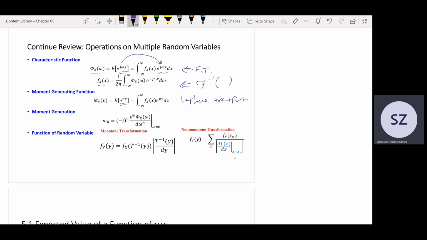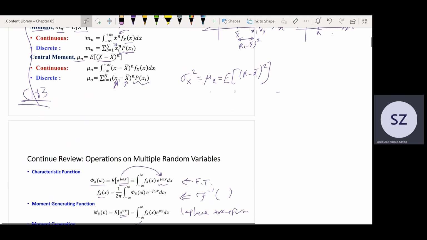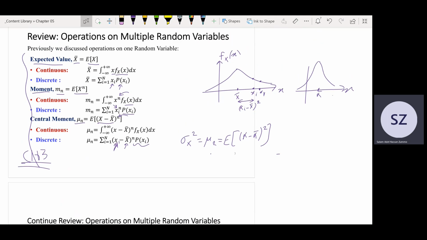And we call it the moment generating function because if we differentiate either this or this n times and set omega to 0, then you get the nth moment. Nth moment, how to find it? You need to integrate x to the power n fx.